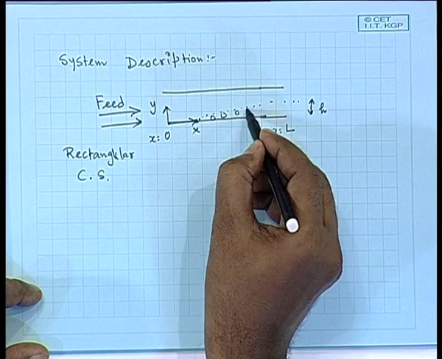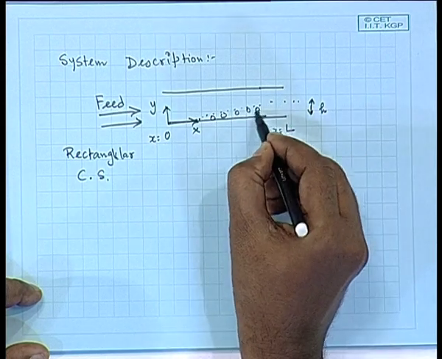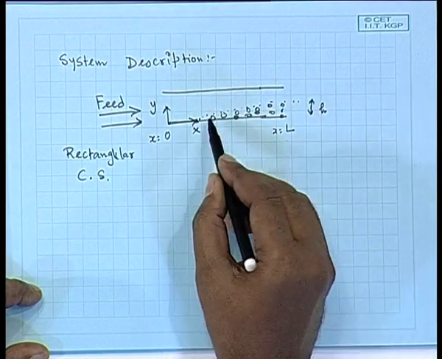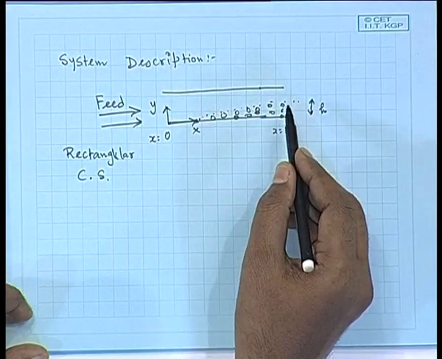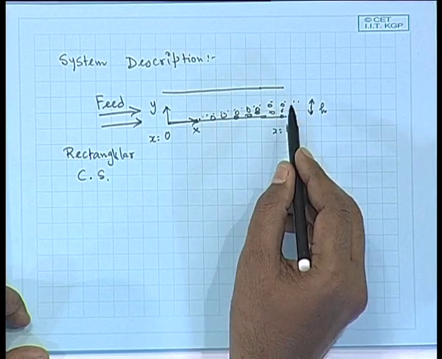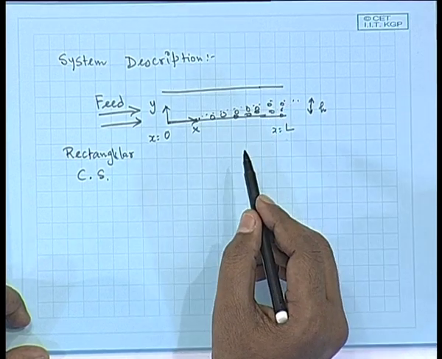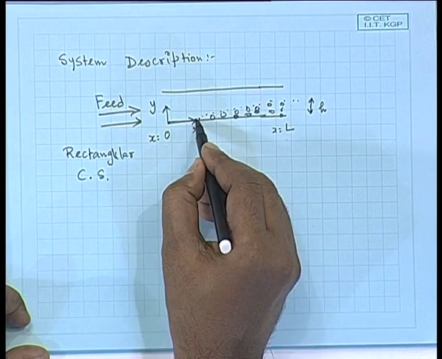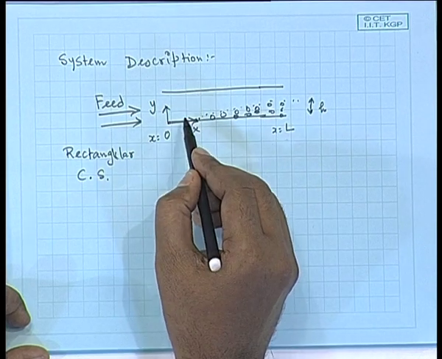You are applying pressure, and solutes will be deposited over the membrane surface. As you go downstream, the thickness of this concentration boundary layer will go on increasing. At the very beginning, it is uniform concentration everywhere.